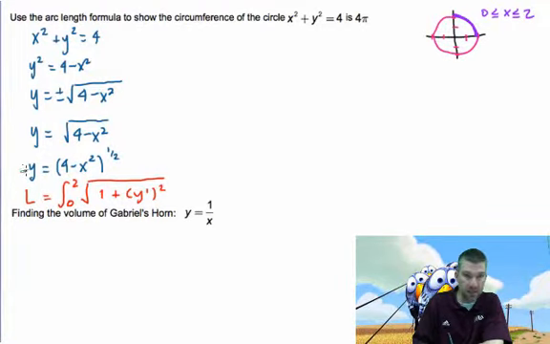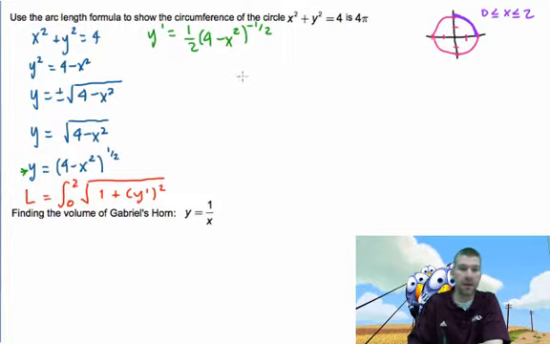Back to this guy right here. Y prime is 1/2 times 4 minus x squared to the negative 1/2 power. Okay, that's the derivative part. Now I have to use the chain rule, because whenever you take a derivative and you have stuff on the inside, you've got to chain that stuff out. So that would give us times the derivative of 4 minus x squared, which is negative 2x.